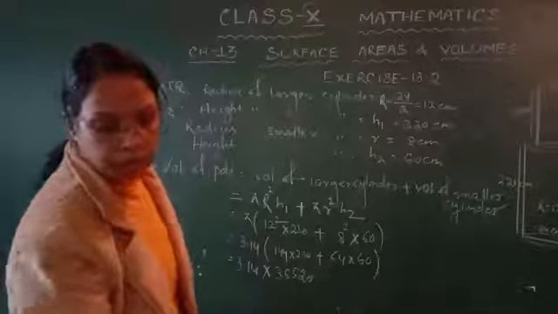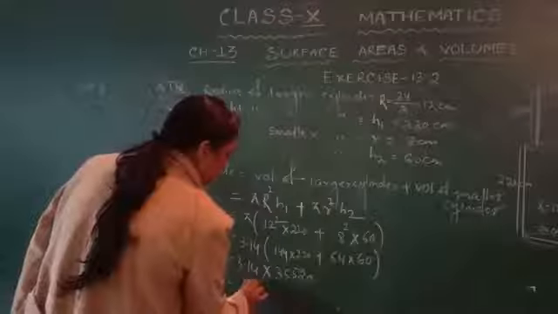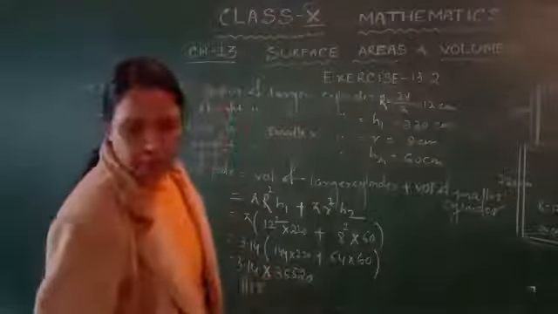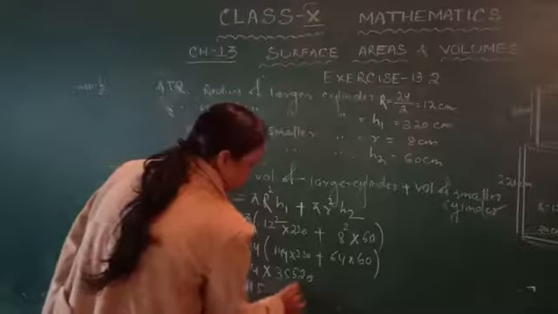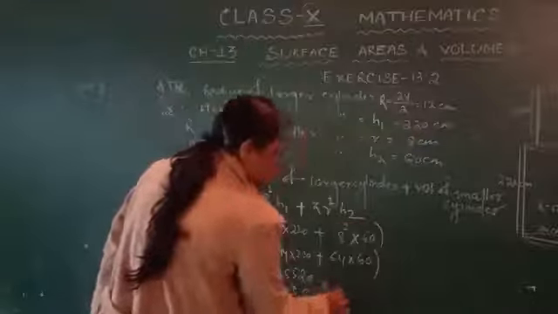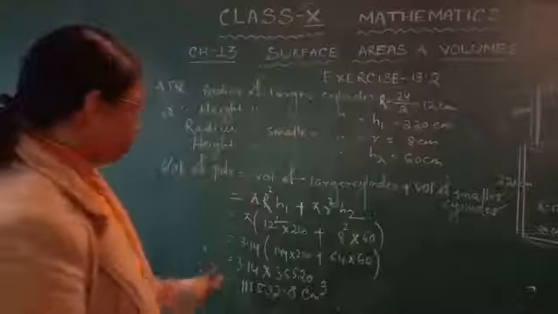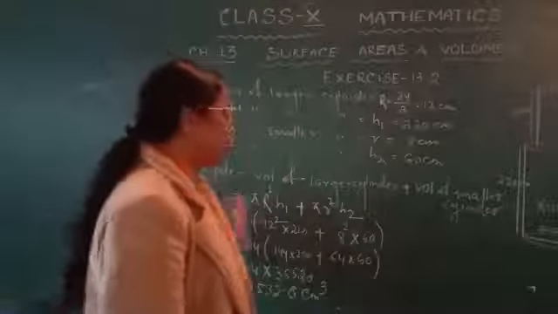Then you multiply, so that is equal to 111,532.8 centimeter cube. So this is the volume of the pole.